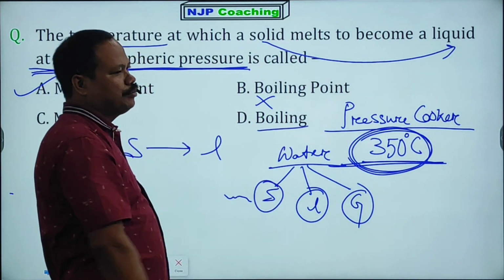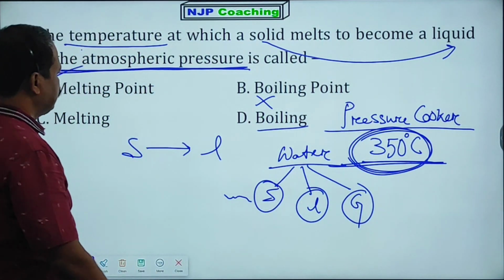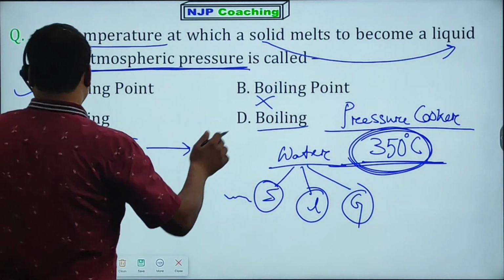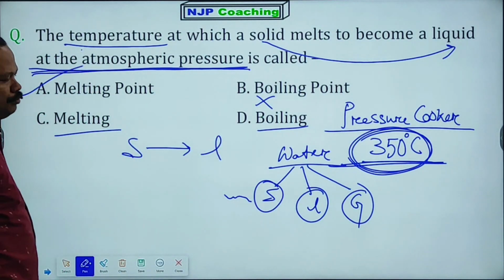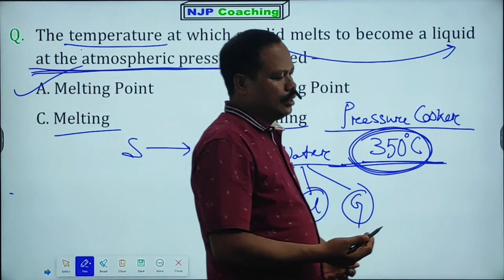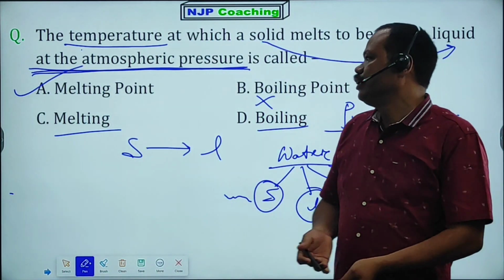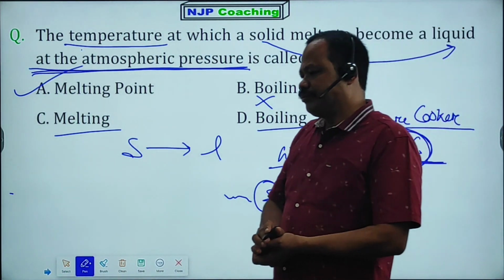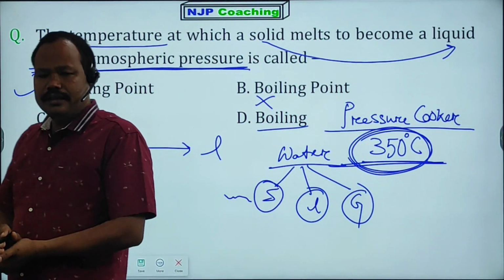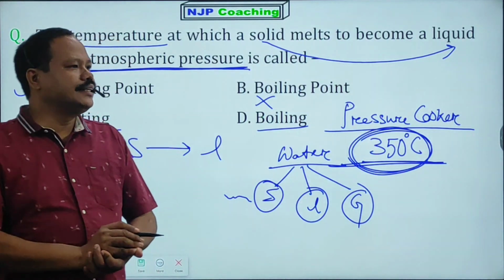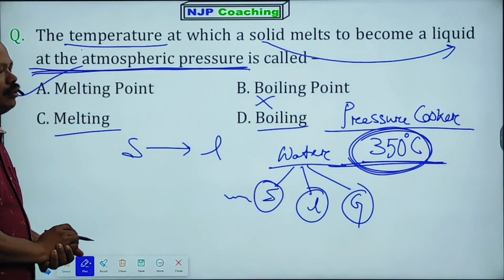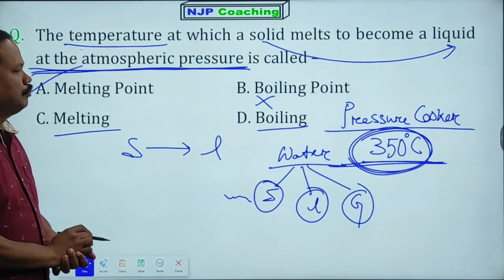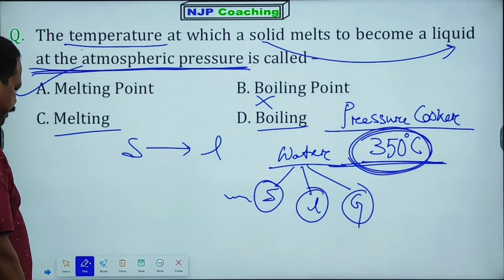Boiling is a change of state. Melting is a procedure of change of state. So the right option is melting point. So what is the melting point of ice? The melting point of ice is 0 degree centigrade or 273 Kelvin. Okay.